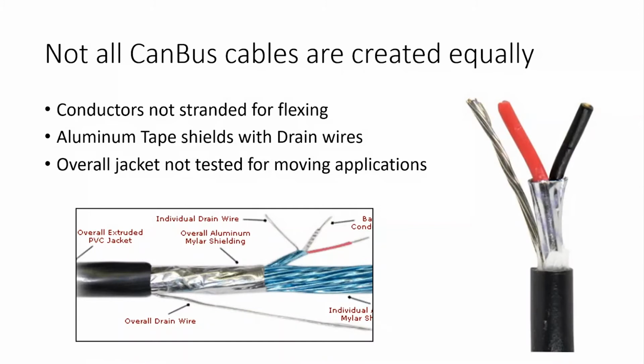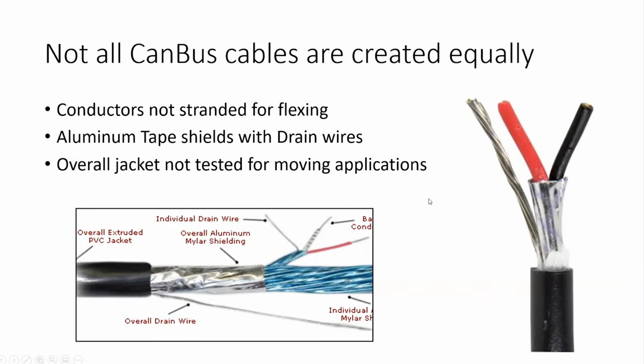So drain wire, we can incorporate it in our custom cables, but on our standard cable, we like to use the braided shield and terminate it, because the strain can act as a failure point in a cable design. And another big problem on standard cables not designed for continuous flex, we see that the jacket materials are not designed for moving applications, and you can get a lot of cracking and premature failure there.